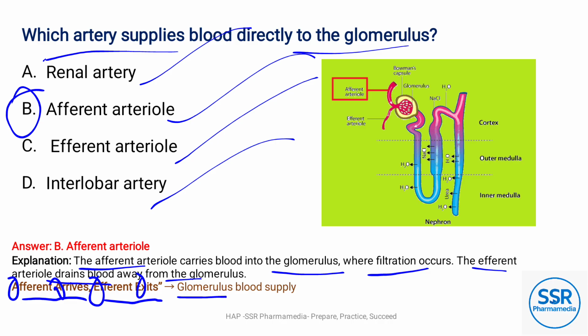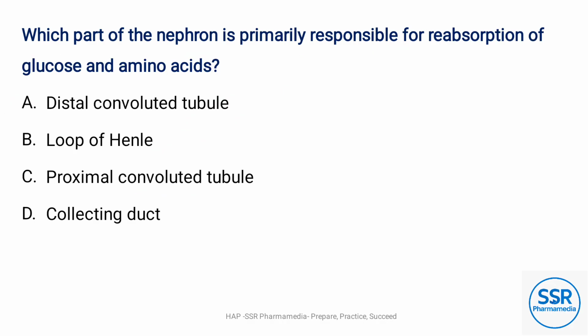Afferent means arriving inside the glomerulus, efferent means going out of the glomerulus.